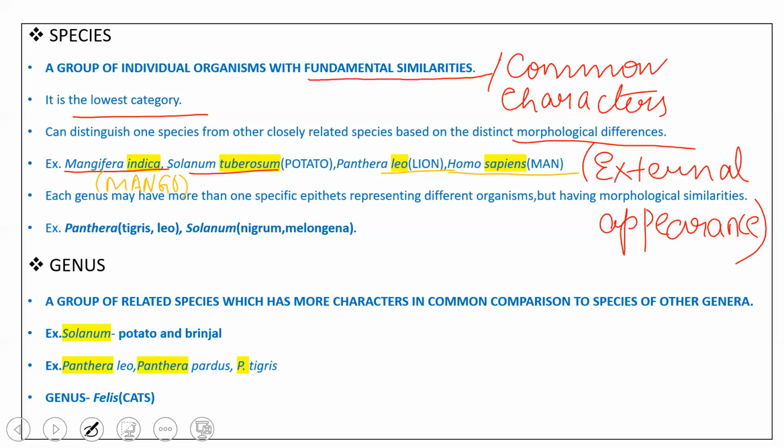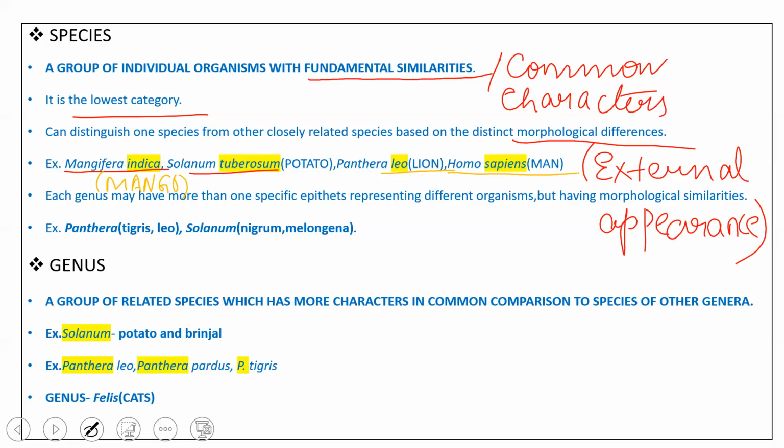So at the species level, the number of common characters is more, and as we go to a higher category or higher hierarchy, the number of common characters goes on decreasing. One more thing to understand is that each genus may have more than one specific epithet. Each genus can have more than one specific epithet, which represents different organisms but with morphological similarities.